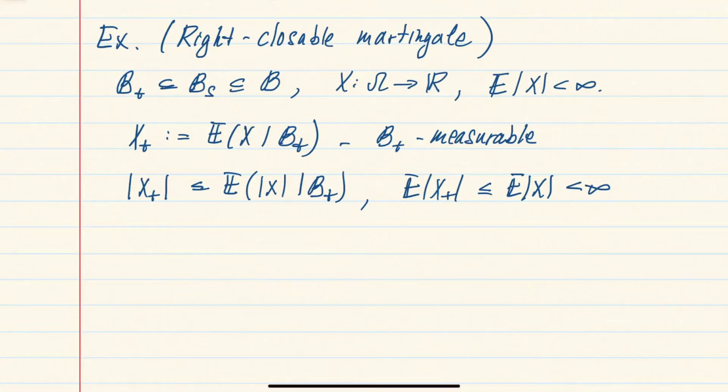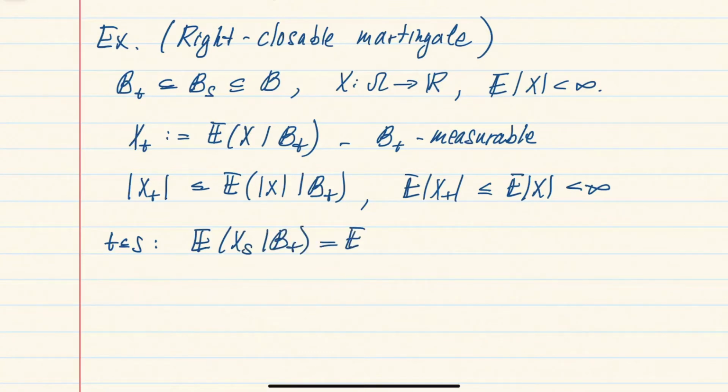So this entire process is not only integrable, but the expectation, or L1 norm, is controlled by the L1 norm of x. And finally, the last property, which we call the smoothing property of conditional expectation: if you take a time s greater or equal than t, then you take the conditional expectation of xs given sigma algebra bt.